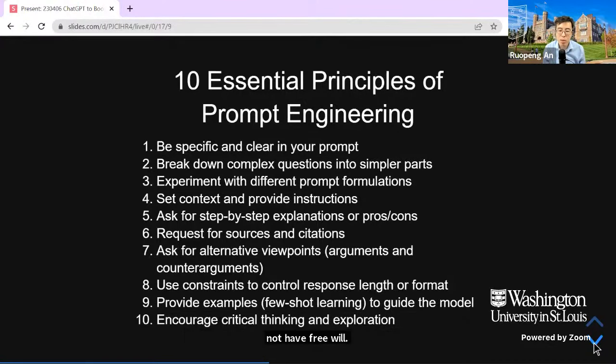So if you restrict your demand so tightly that you do not allow the machine to exercise its critical thinking skill, its accessibility to its knowledge pool, then it's going to be a waste of the resource. Right? And it's going to limit what the machine actually can provide. So you do want to provide some kind of freedom for the machine to explore. And we'll illustrate that in our prompt engineering exercises.